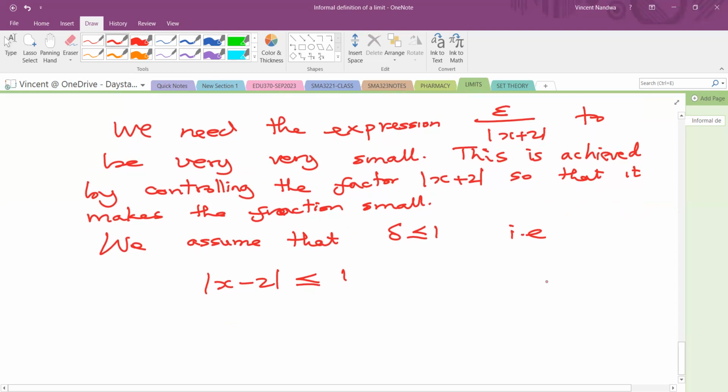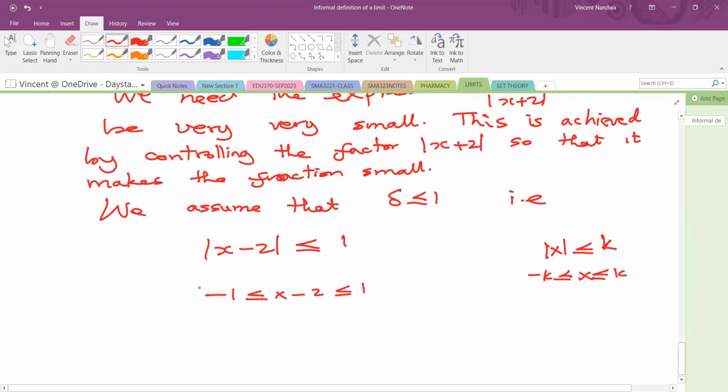And we know that if we have the absolute value of x being less than or equal to a constant k, then this means that x lies between minus k and k. So this means the quantity x minus 2 lies between -1 and 1. And when I add 2 on each side of this inequality, I'll have -1 plus 2 is less than or equal to x is less than or equal to 1 plus 2. So I'll have 1 is less than or equal to x less than or equal to 3.